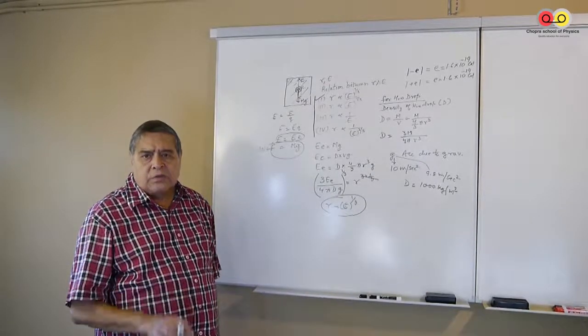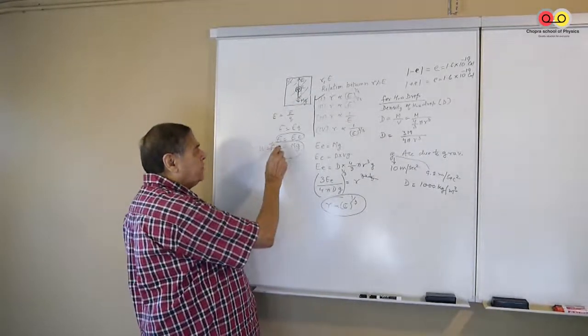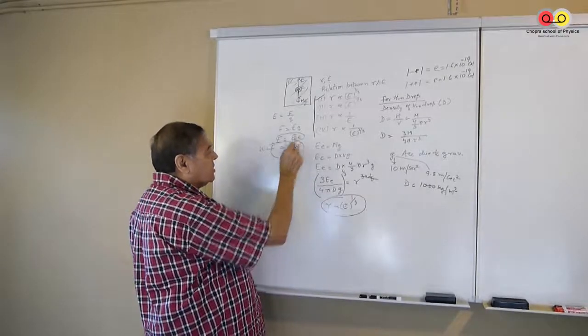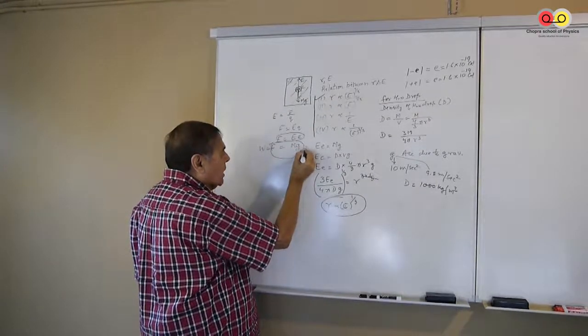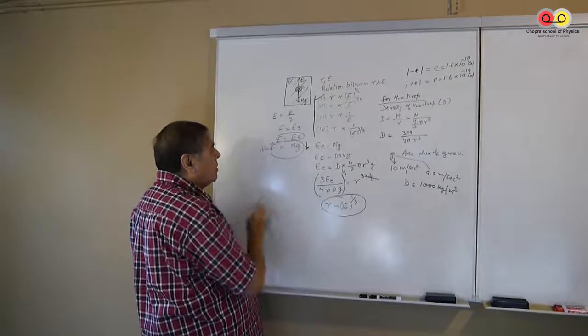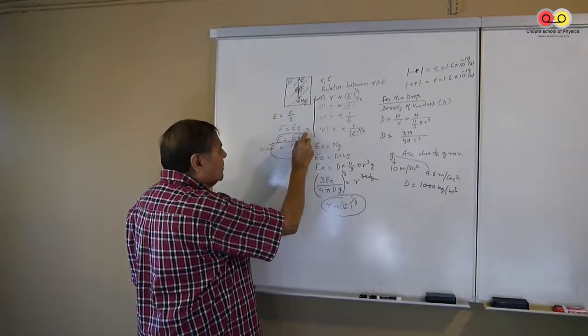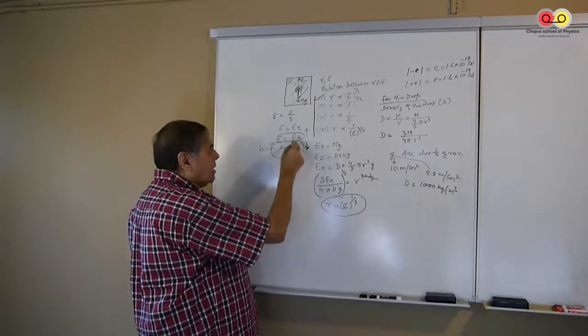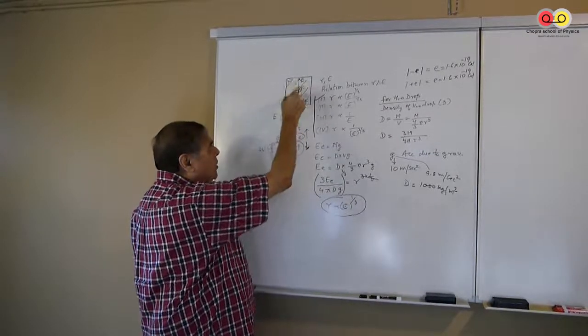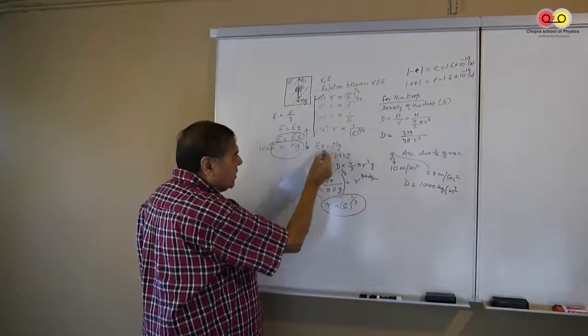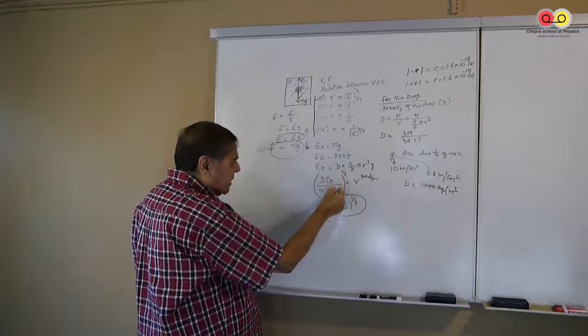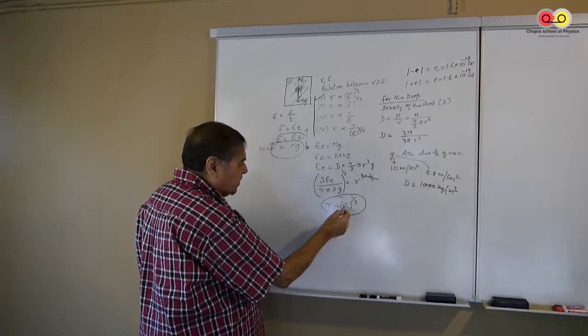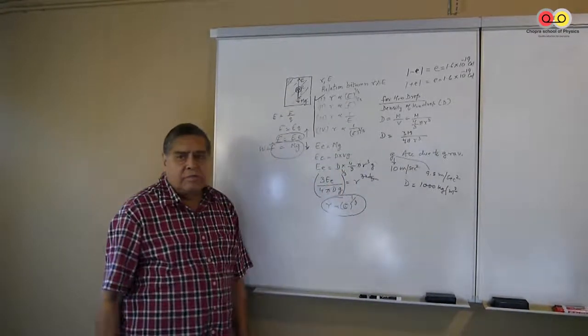I have written force is mg. This is a downward force, and EE is the upward force. Because the drop is not going up or coming down, we have equated the two and made the calculations. So radius is proportional to E to the power 1/3.